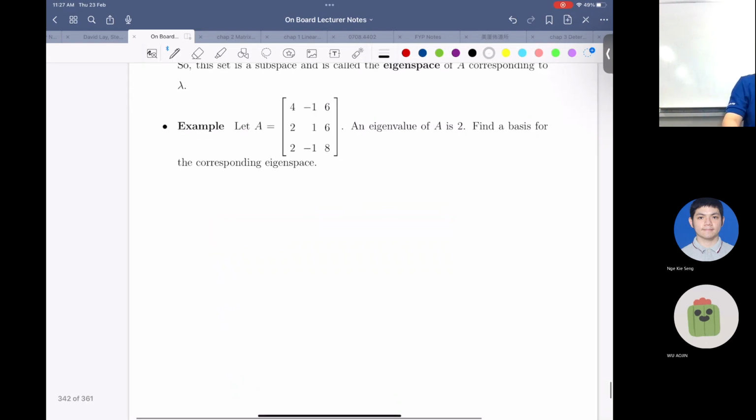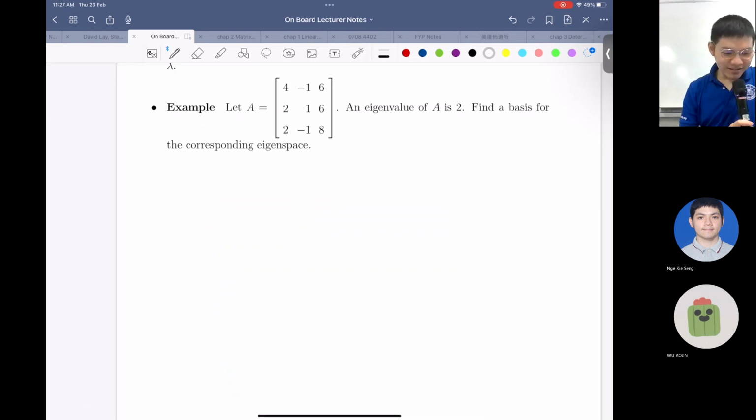So how about we go back to real life again. Given this matrix A here, it tells you that an eigenvalue of A is 2. Meaning there's a vector such that Ax equals 2x. Now you want to find the eigenspace. The eigenspace is the null space of A minus 2I.